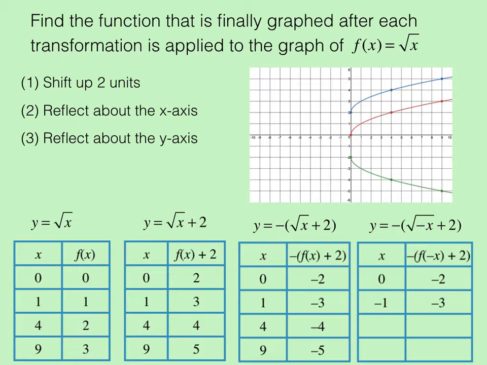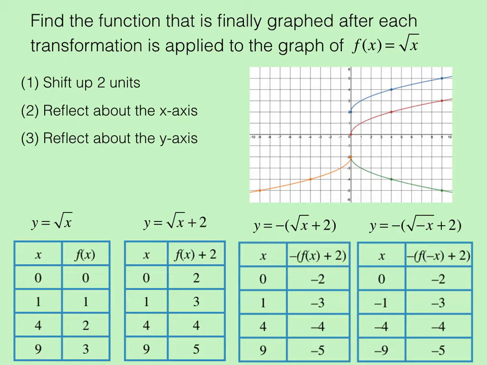So at x equals -4, my y value will be -4, and at x equals -9, my y value will be -5. So I can graph that, and I'm expecting a reflection across the y-axis.